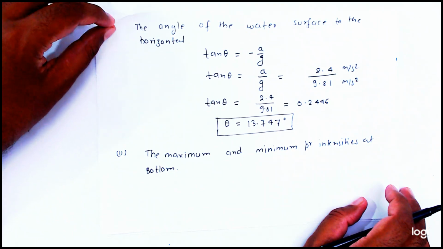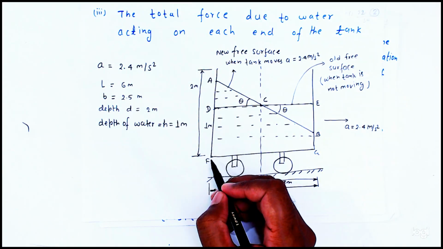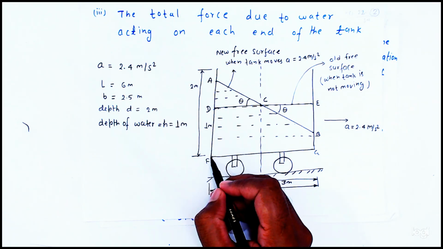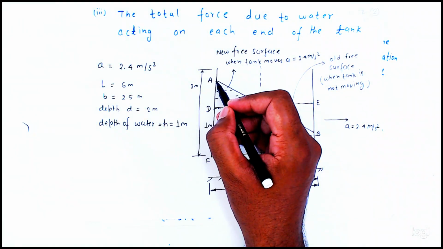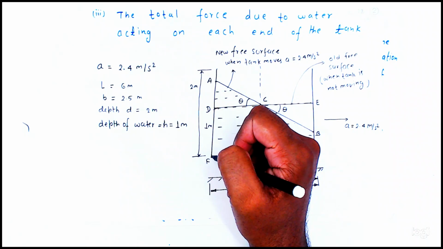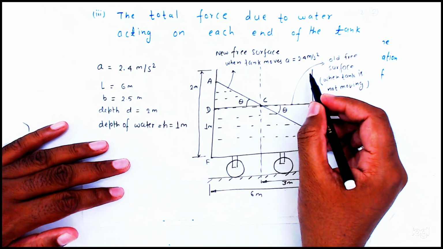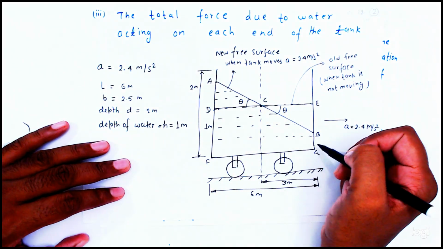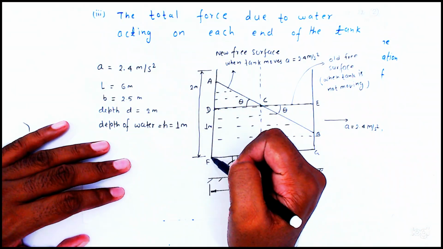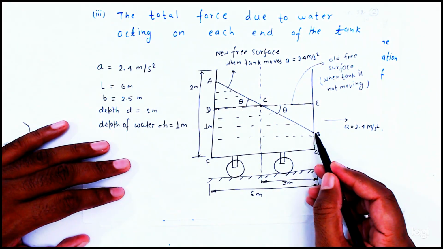At different places. See friends, here the pressure at the bottom, at this end the liquid level is this one, A to F is the liquid surface. This end is known as the rear end and this end is known as the front end. So here the liquid level is up to this and here the liquid level is this much.